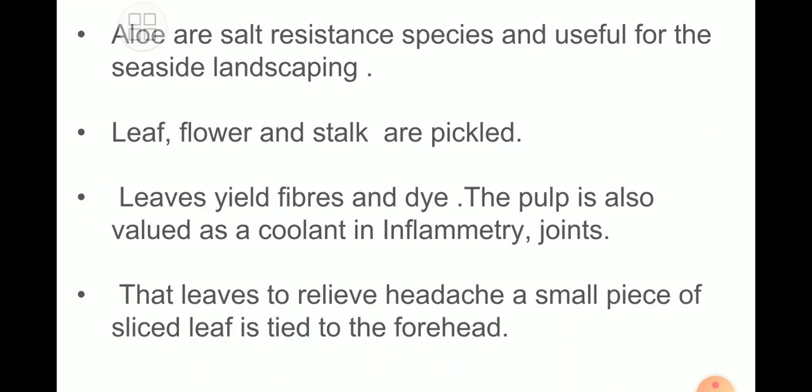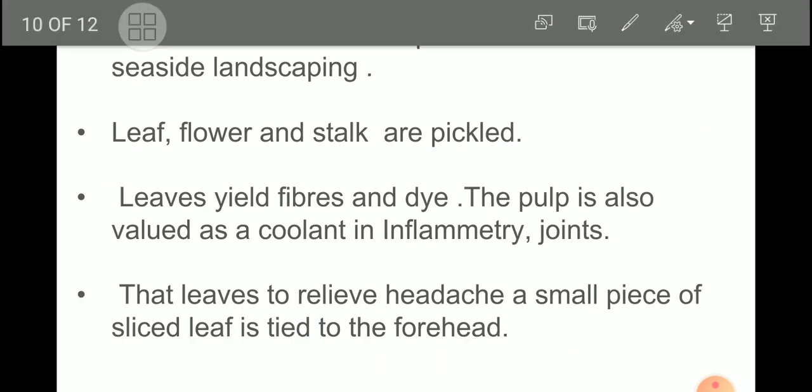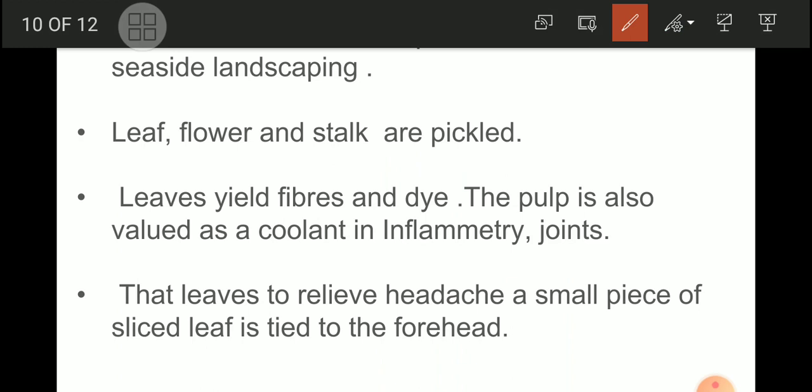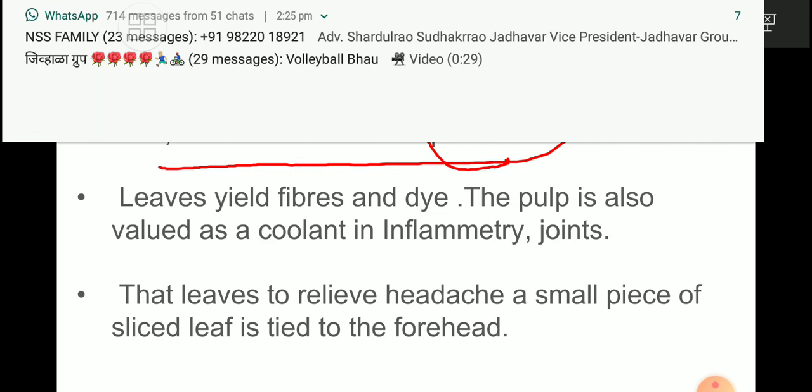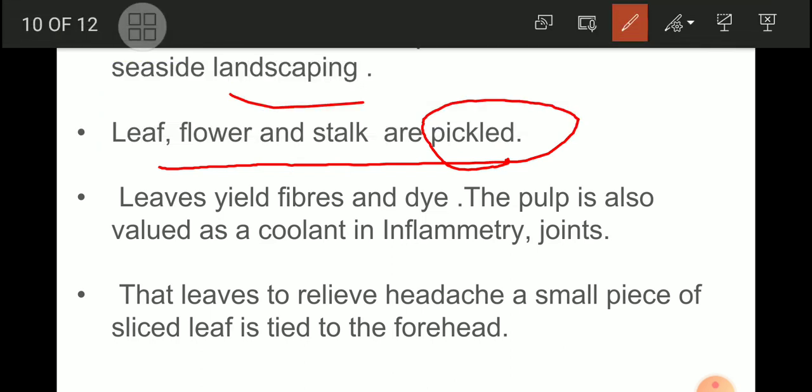Now aloe, as I have already told you, is resistant to salt and is grown by the seaside along the shore as landscaping. Now the leaf, flower and stalk are pickled. Keep in mind, the leaf, flowers and stalk, everything is used for the preparation of pickles.